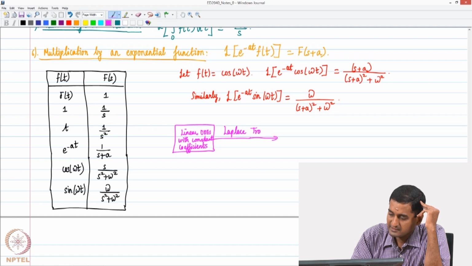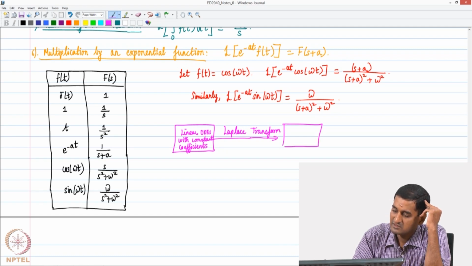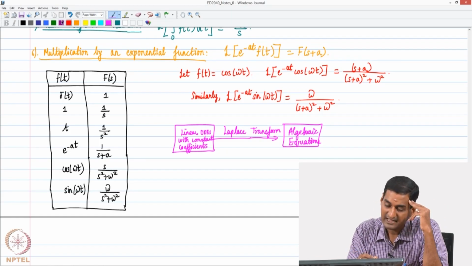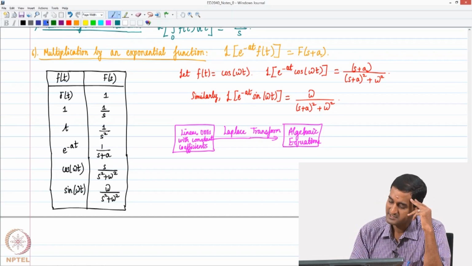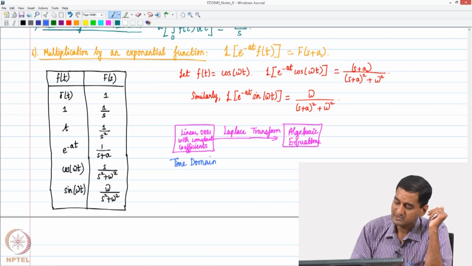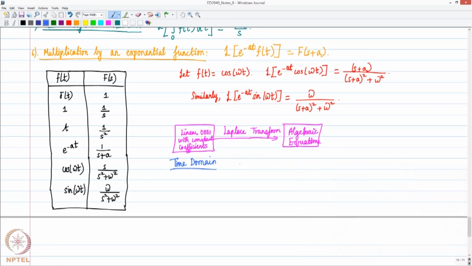and then convert them into algebraic equations, which we can then analyze. Okay, but there is a catch here, right. What is the catch? When we are dealing with linear ODEs with constant coefficients, we are in the time domain, but that goes to the S domain, right.